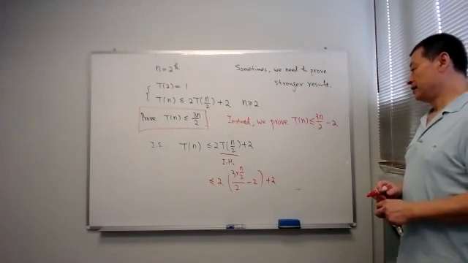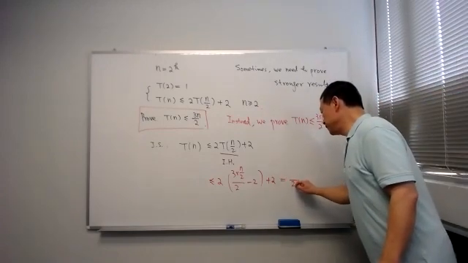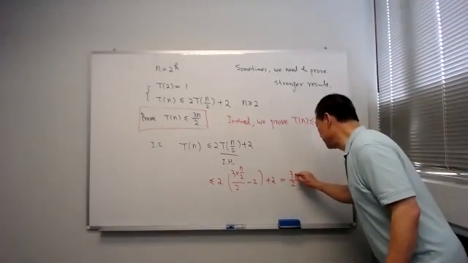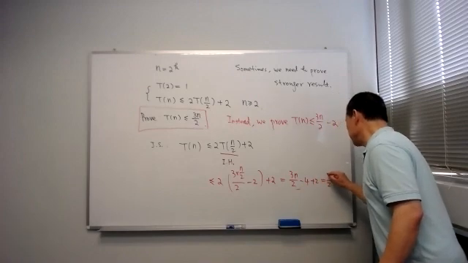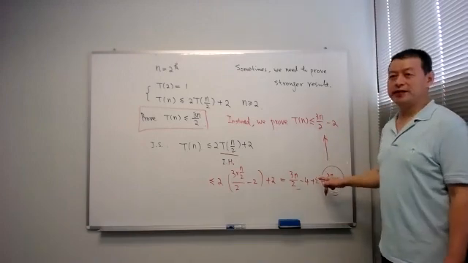That gives us 3n minus 4 plus 2, so that is minus 2. So see, now this works for the induction step.